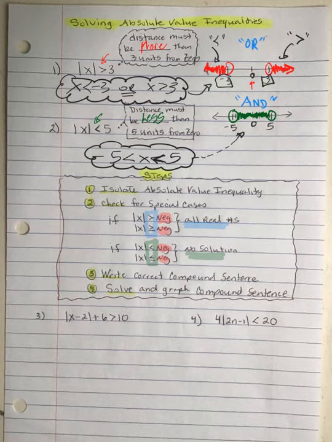So if it's not a special case, then step 3 would be to write the correct compound sentence. And notice we just talked about the correct compound sentences. So notice in example 1, we had where the distance was greater than, you had to be more than 3 units from 0, or more than 8 units from 0, or more than 10 units from 0.